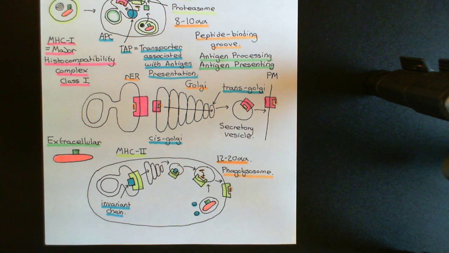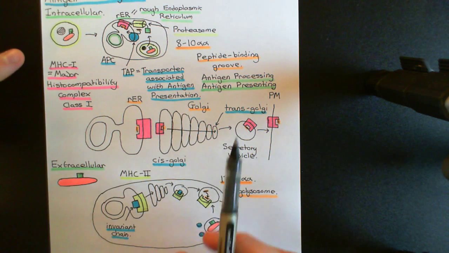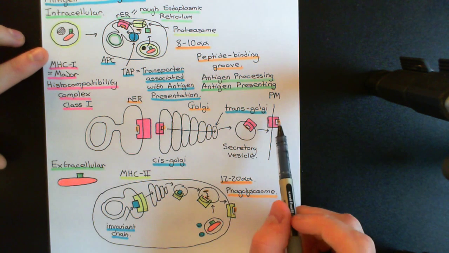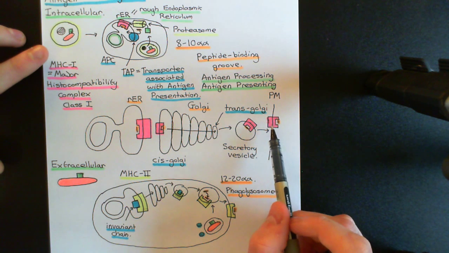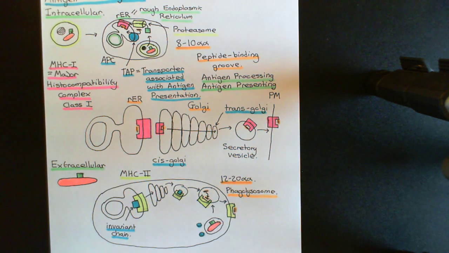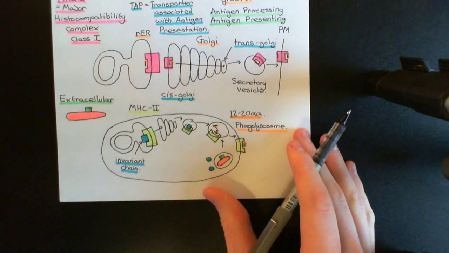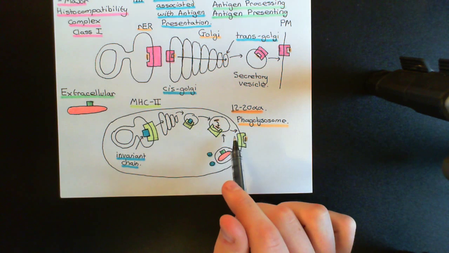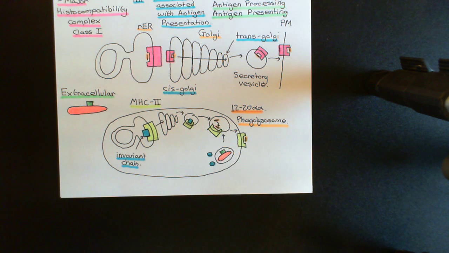We've seen that if the pathogen is intracellular, we can present fragments of that pathogen's antigens on MHC Class 1 complexes on the surface of an antigen-presenting cell, and these complexes initiate cell-mediated adaptive immune responses, whereas if the pathogen is extracellular, we present fragments of the pathogen's antigens on the surface of antigen-presenting cells attached to MHC Class 2 complexes instead.